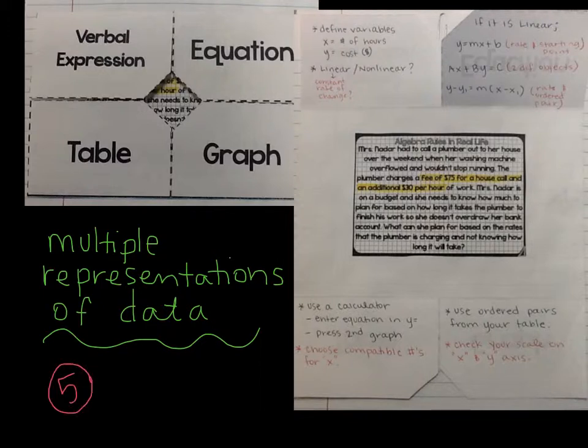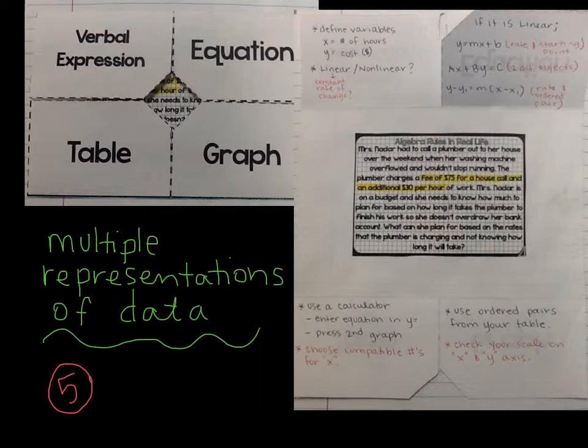At that time we talked about a word problem and how to pull from that word problem to write our verbal expression, pulling out that one sentence or a couple of sentences that give us the information, things to look for, how to use that to write an equation, to make a table of values, and then to graph. Within our foldable, we basically wrote steps and hints to help you.